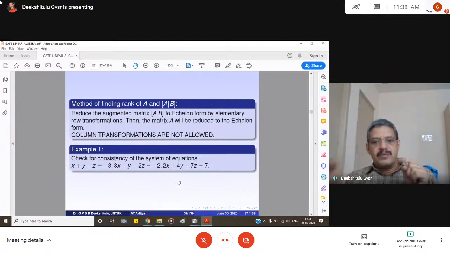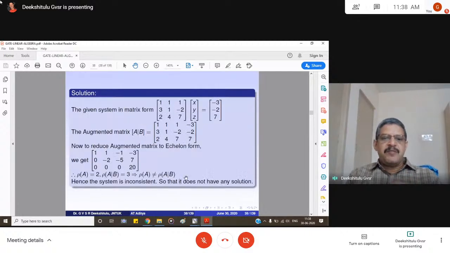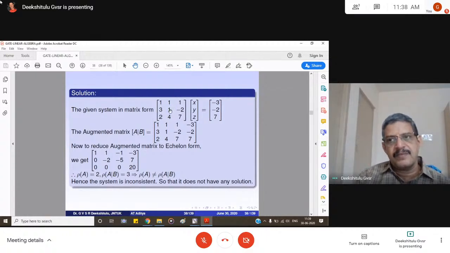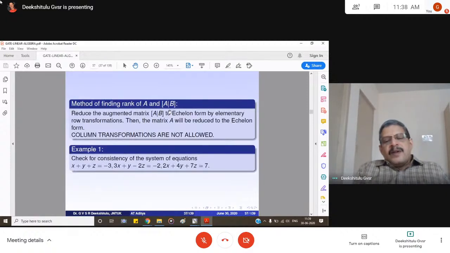Why we cannot use column transformations is, say for example, if I take this matrix, the coefficient of x is 3, coefficient of y is 1, coefficient of z is minus 2. If I use a column transformation, the coefficient of x will be 1 and y will be 3. That means the equation itself we are changing. You cannot do that. So while dealing with systems of equations, column transformations are not at all entertained. They are not allowed. Only row transformations are allowed. Let us see how we check the consistency of a system of equations using this idea.